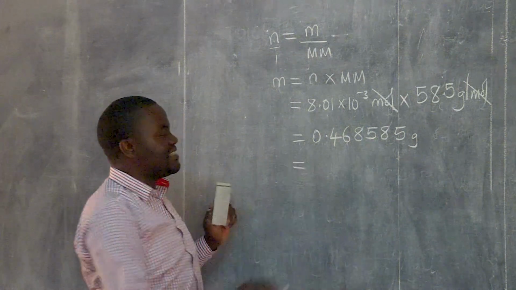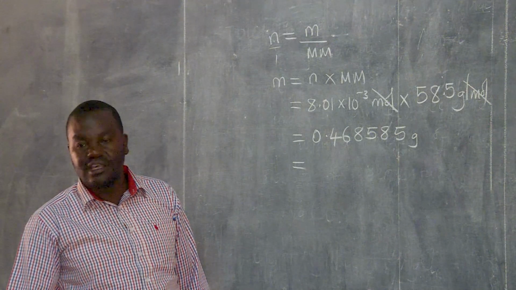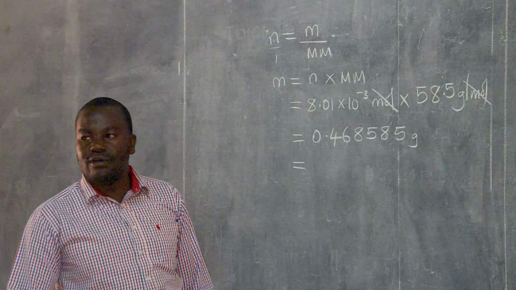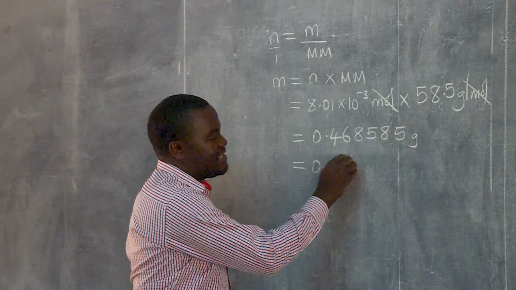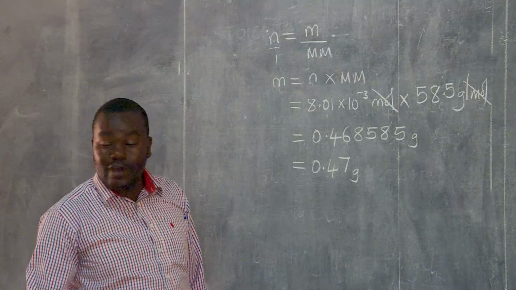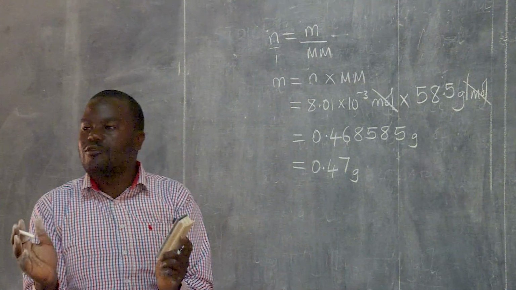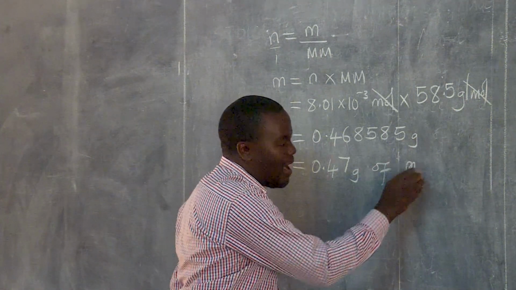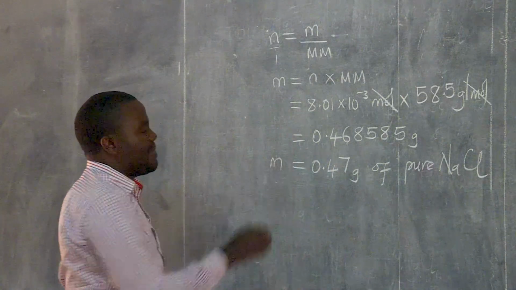And we are advised in science to round off at least to 2 decimal places. So rounding off this value to 2 decimal places gives us 0.47 grams. So this is the 0.47 grams of what? The pure substance, of sodium chloride. So this is the mass.